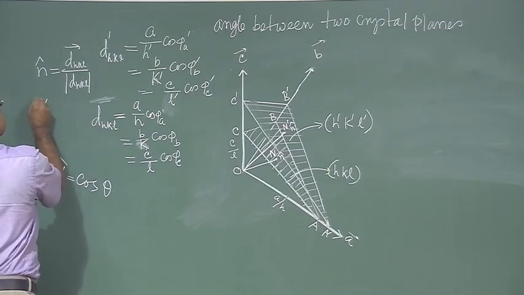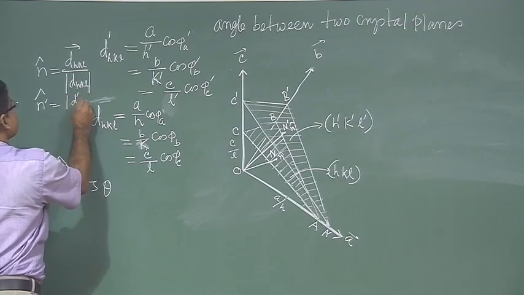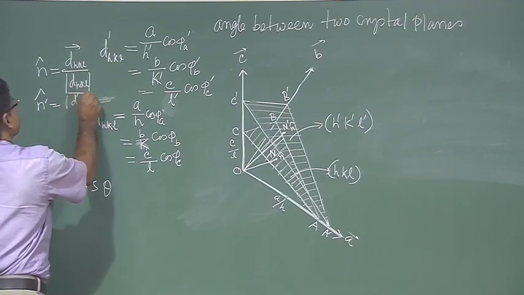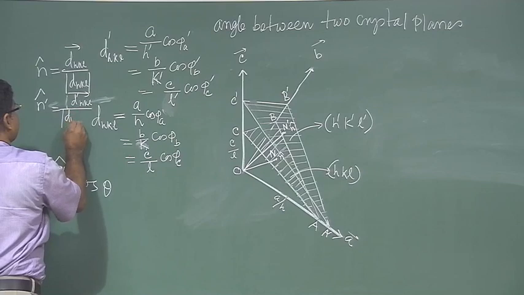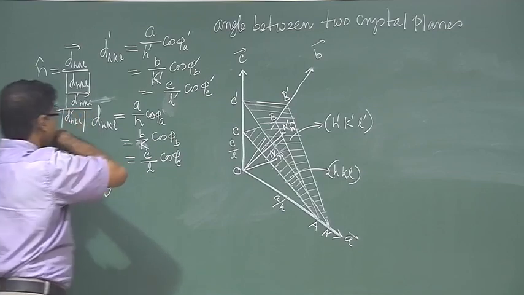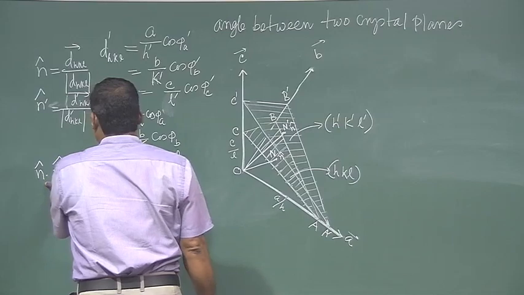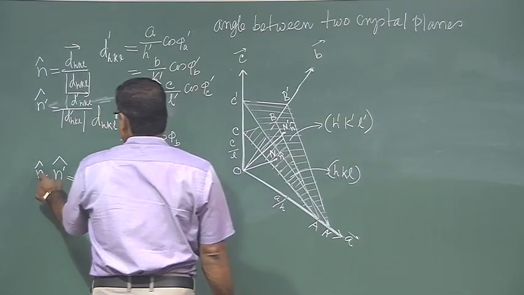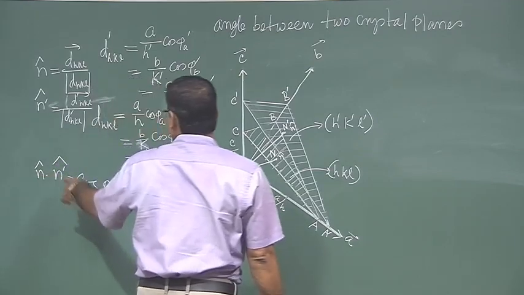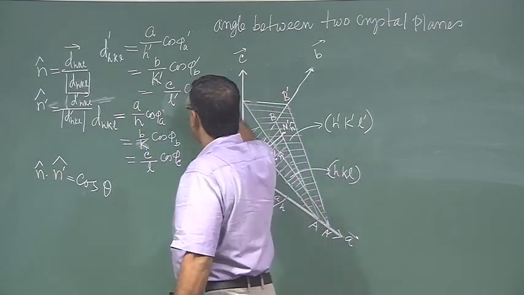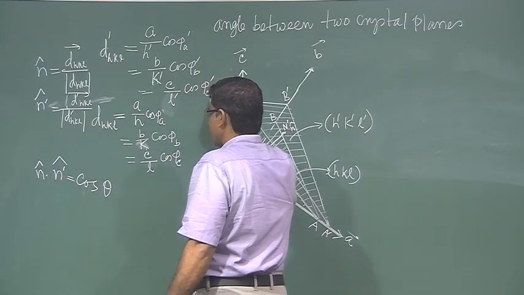Similarly, n dash will be d dash H K L dash vector divided by its magnitude, right. So, for unit vector n and unit vector n dash, the direction cosines are cos phi a, cos phi b, cos phi c, and for the other one cos phi a dash, cos phi b dash, cos phi c dash.